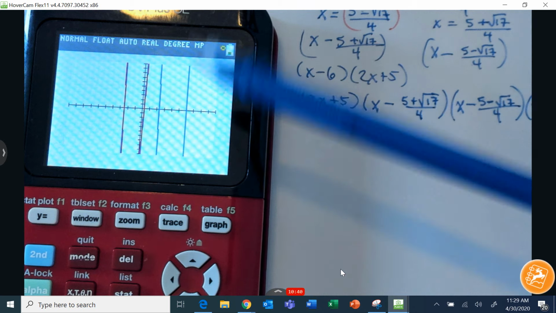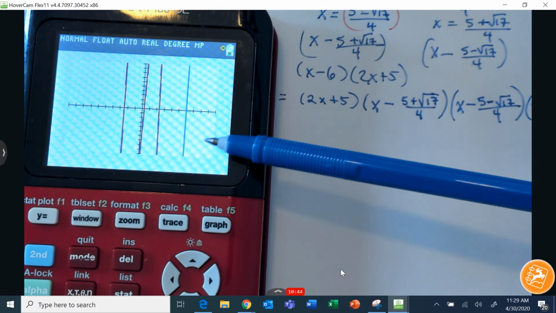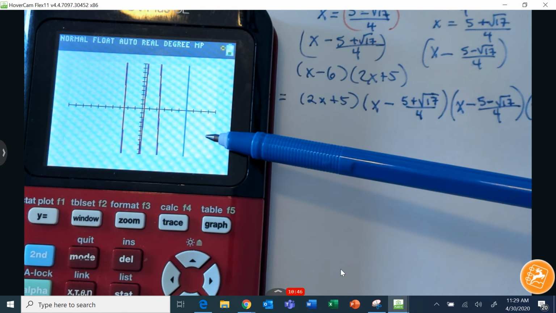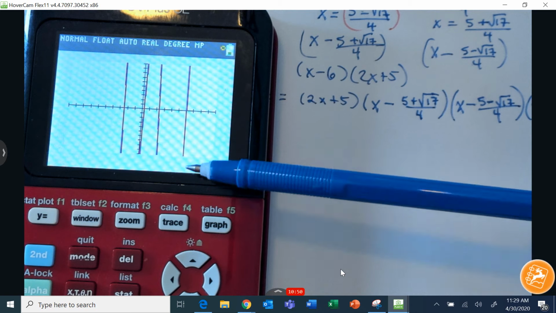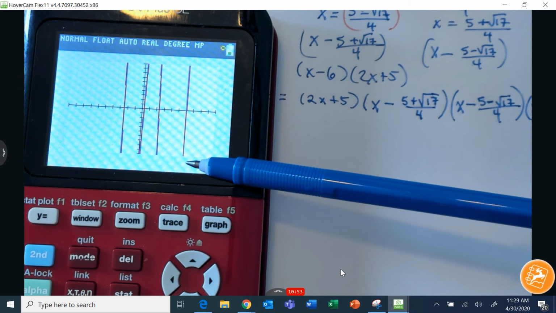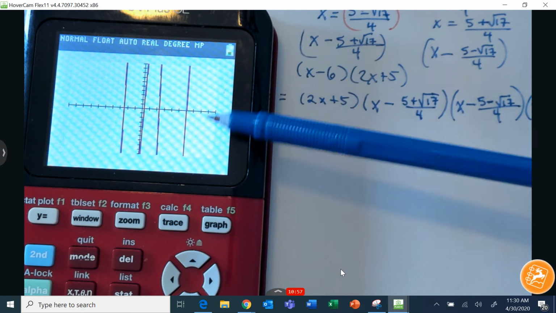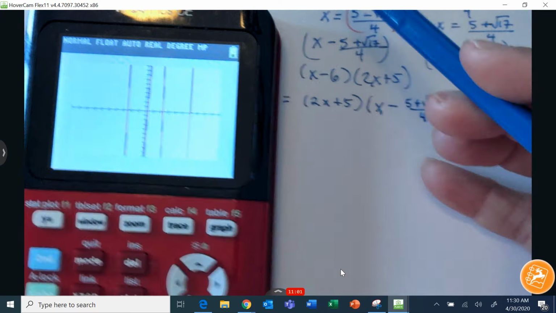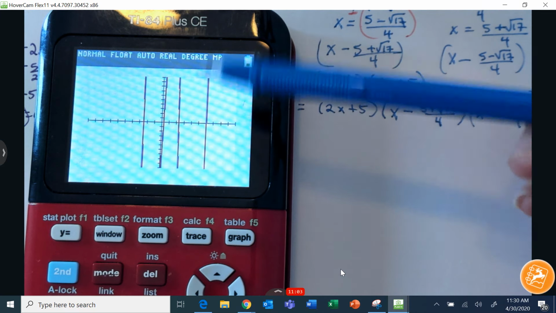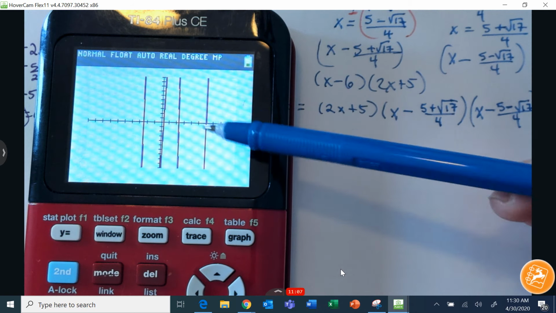Now, if you have a calculator that doesn't have color, probably using Desmos would be easier for you. I like to use the graphing calculator for examples because you can't really use Desmos on a lot of things. Hopefully in the future we can, but for tests and stuff, if you couldn't use it, at least you know how to use your graphing calculator.